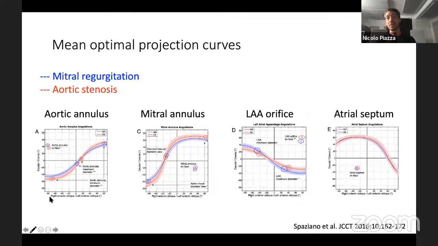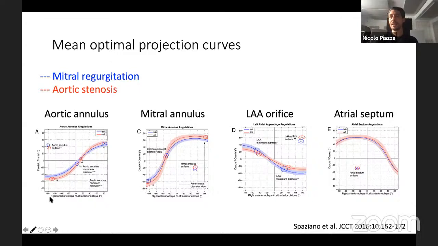Remember that we can get S-curves for any structure in the heart, whether it's the aortic annulus, the mitral valve, the left atrial appendage, the atrial septum, the coronary ostia, the ascending aorta, the LVOT, the SVC, IVC, coronary sinus, and so on. And each of these structures has an average S-curve.